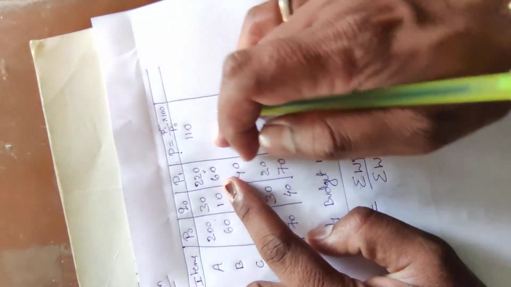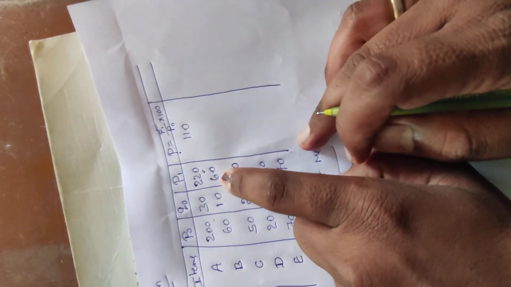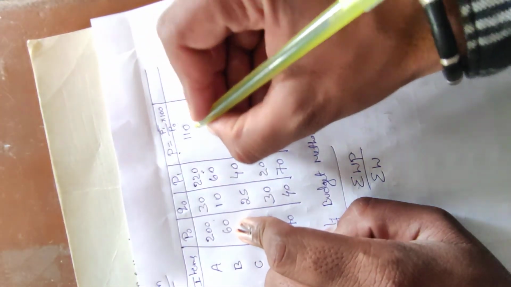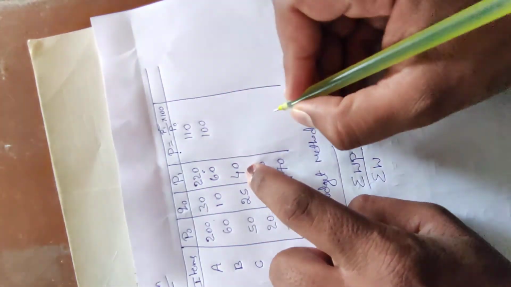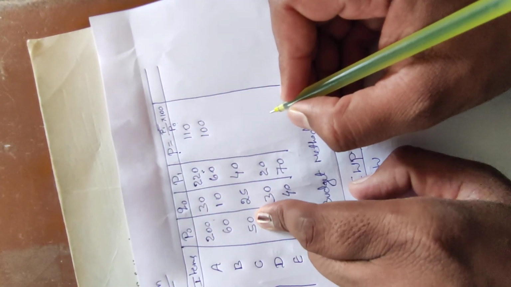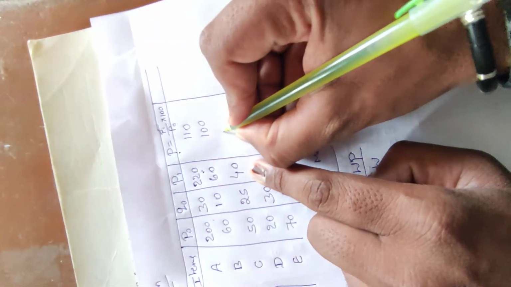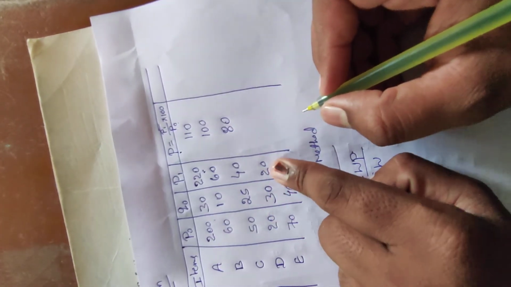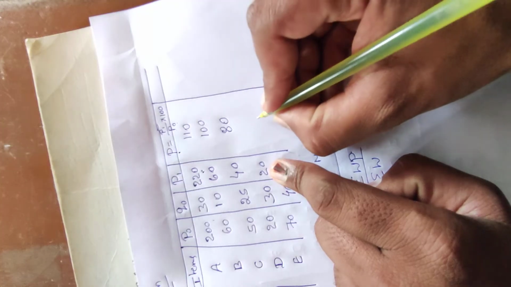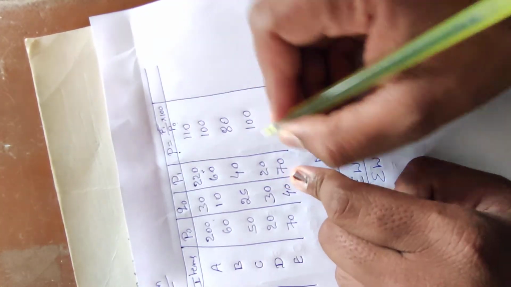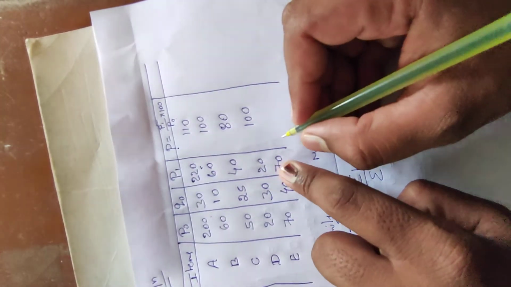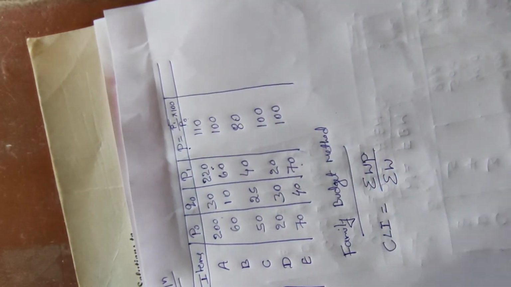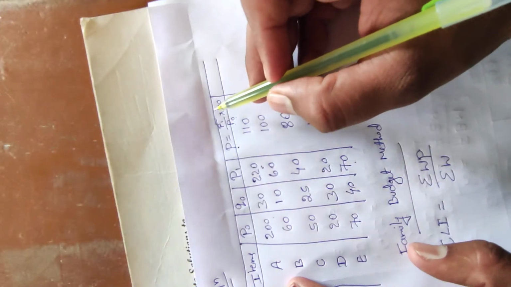Next, we calculate for all the items. 60 divided by 60 into 100 gives 100. 40 divided by 50 into 100 gives 80. 20 divided by 20 into 100 gives 100. 70 divided by 70 into 100 gives 100. This is the way to calculate the price relative.